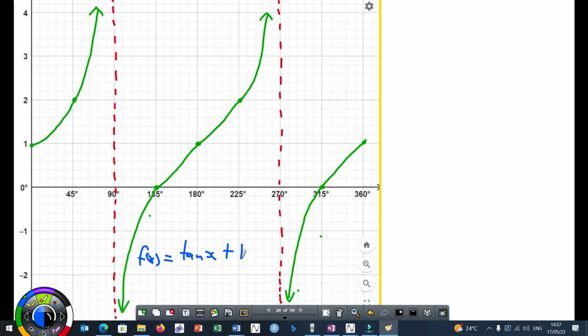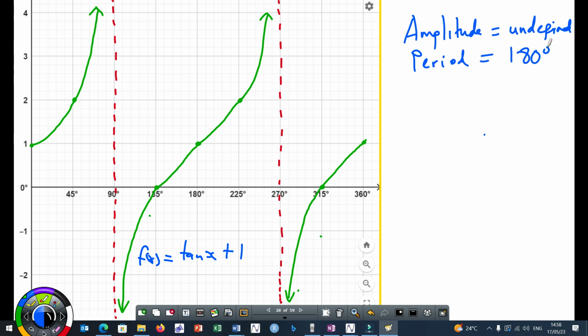Okay? So if you want to write its properties: amplitude, that's undefined. Period is 180 degrees.